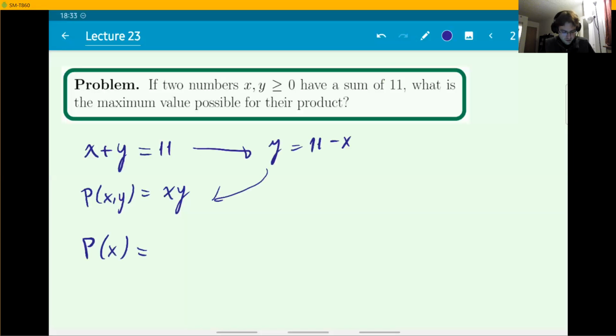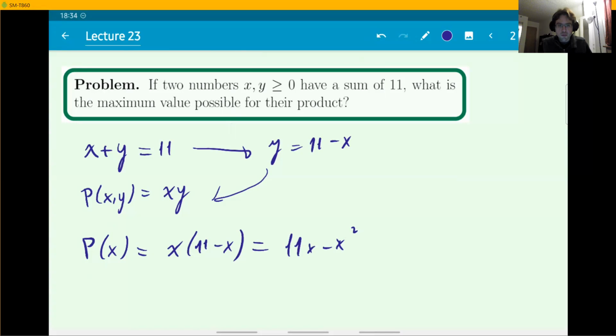I'm going to call it the same name, the p function, but now as a function of just one variable, x. What does it look like? It's x times y, where y is 11 minus x. I'm going to distribute this out to be 11x minus x squared.